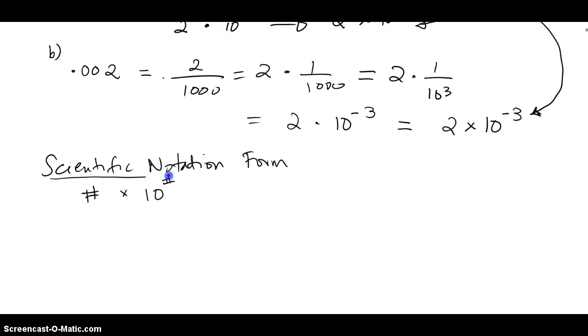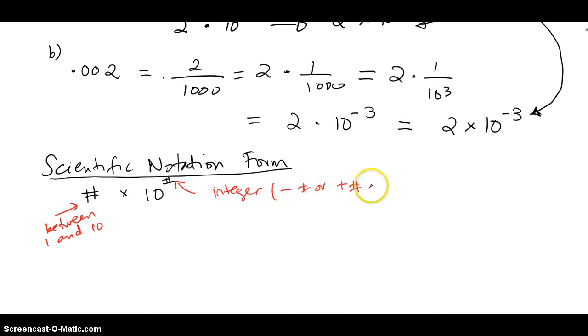So the scientific notation form is basically a number bigger than 1 and smaller than 10, times 10 raised to some power, which is basically an integer. It could be a negative number or positive number or maybe even 0.